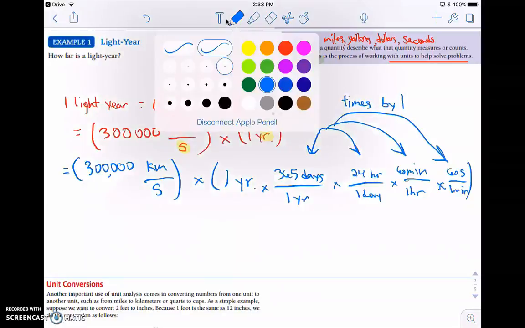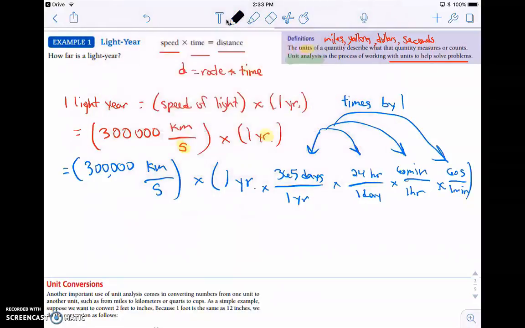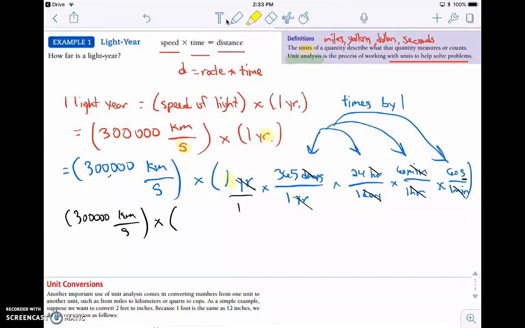But notice what happens. Technically this would be 1 year over 1 as a fraction. So the years will cancel, then the days cancel, then the hours cancel, then the minutes cancel, and we are left with seconds. So now we have 300,000 kilometers per second times, and you're going to multiply out, so I'll highlight these numbers, 1 times 365 times 24 times 60 times 60 in the numerator, and the denominator is 1 times 1 times 1 times 1 times 1, so that's just 1.